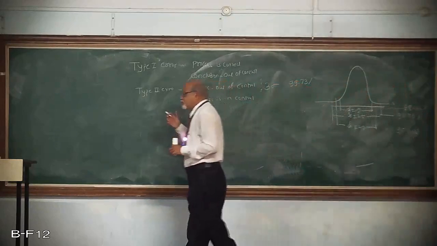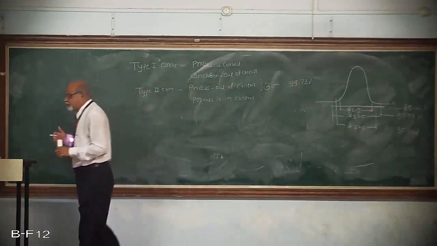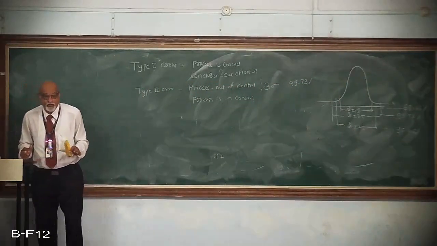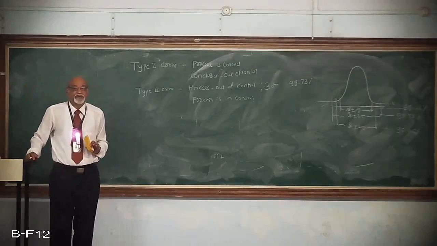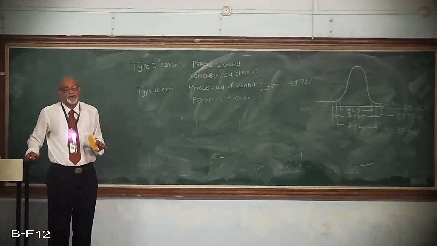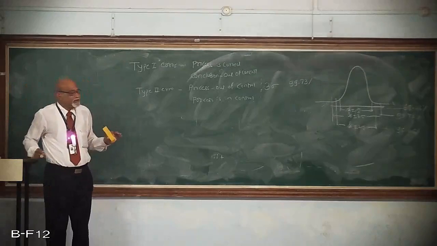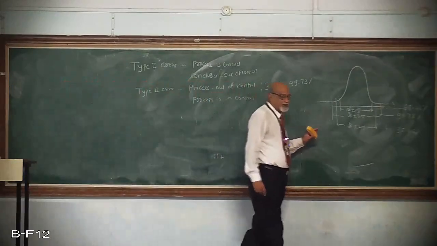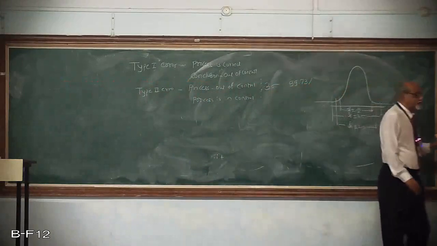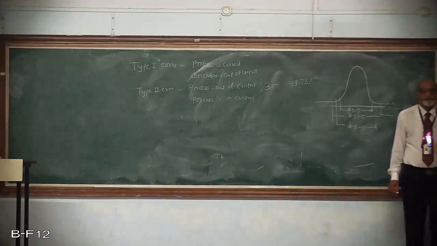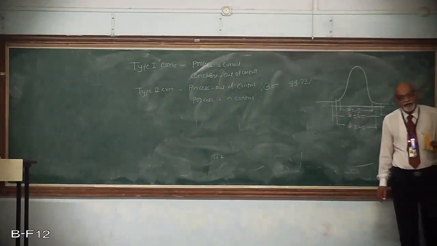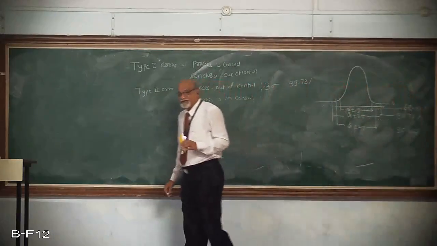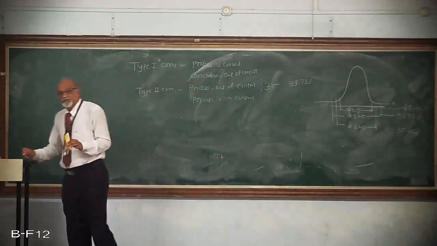If I try to increase the type 1 error, then the type 2 error decreases. Hence, for a happy situation, they concluded that 3 sigma limit is the best thing. Hence, 3 sigma limits are being considered. This is the theory behind the fixing of 3 sigma limits. Is it followed? Okay, that is most important.